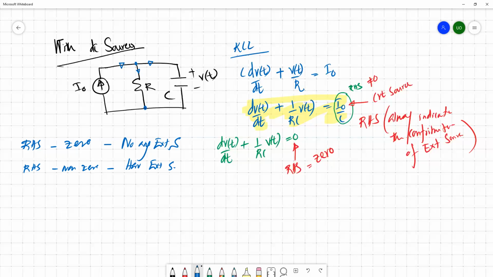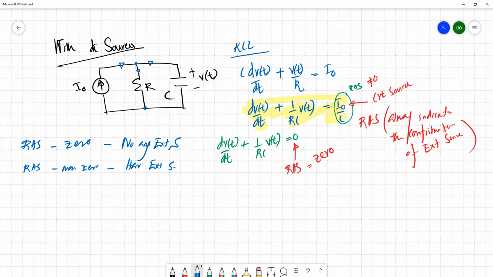So you can double check whether the differential equation you obtained is correct by looking at the circuit. If you have external sources in the circuit you are analyzing, your right hand side should be non-zero. If it is zero, your circuit does not have any external sources.